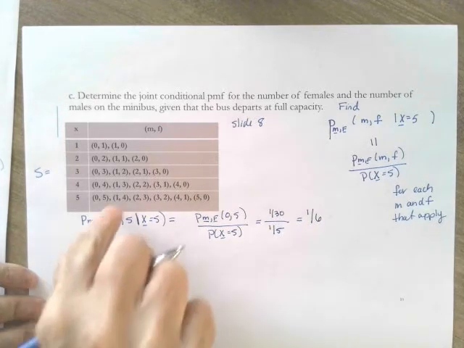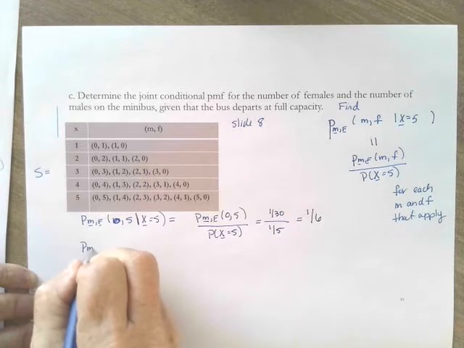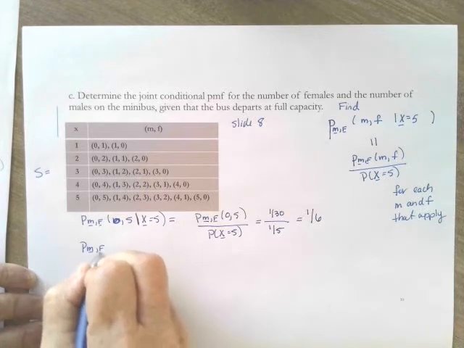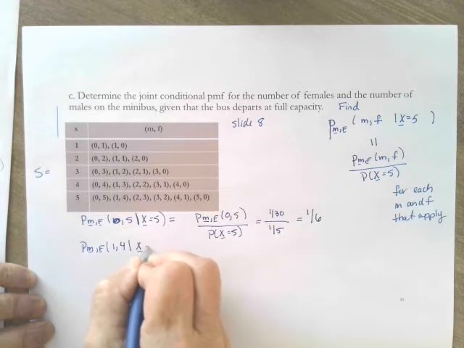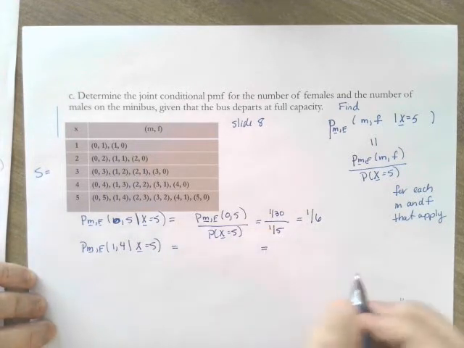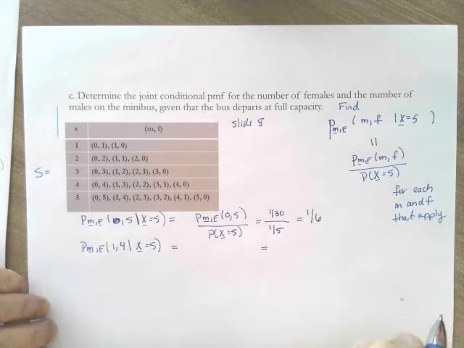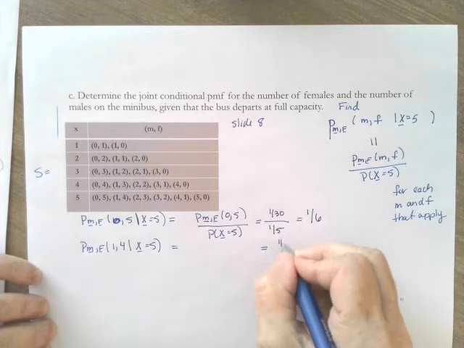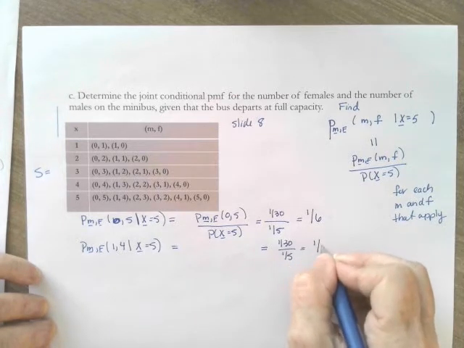Let's do the next one here. Let's do 1, 4. So P_MF of 1, 4 given x is equal to 5, and then I'll just let you fill this in. But 1, 4, if you go back to slide 8, you're going to see that that is going to be 1/30 again over 1/5, and that's going to be 1/6.